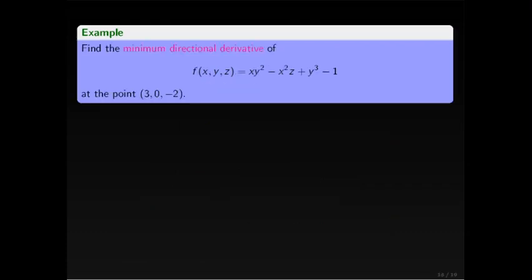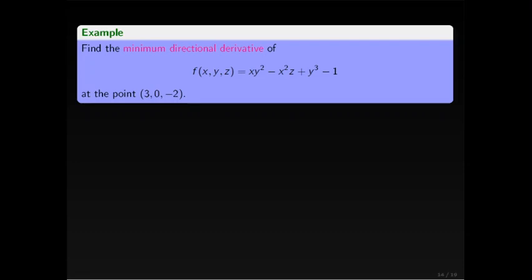Now let's do this three-dimensional example. So let's say we want to find the minimum directional derivative of f equal to xy squared minus x squared z plus y cubed minus 1 at the point (3, 0, -2).